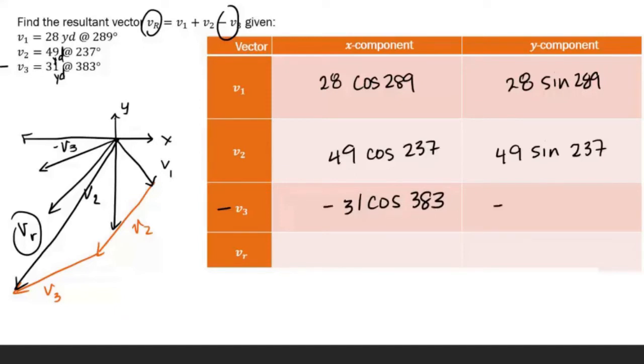Similarly, to find the y component, I'll use negative 31 and multiply that by the sine of 383. Because I've already taken the negative into consideration, I'm now going to add the 3 x components. So I'll take 28 cos 289, I'll add 49 cosine 237, and add negative 31 cos 383.